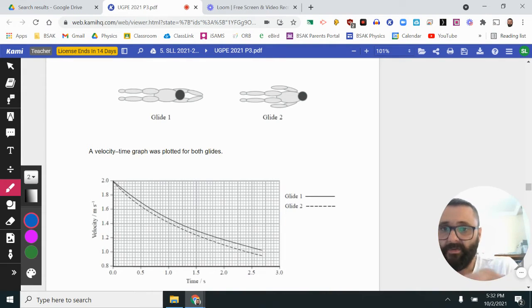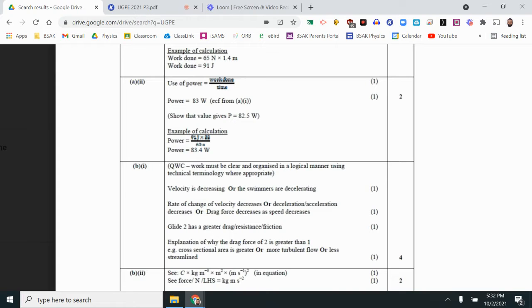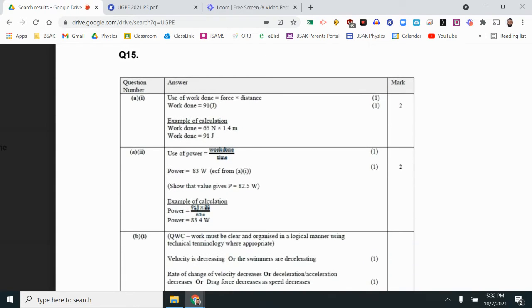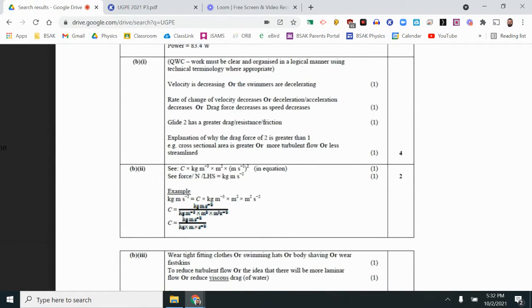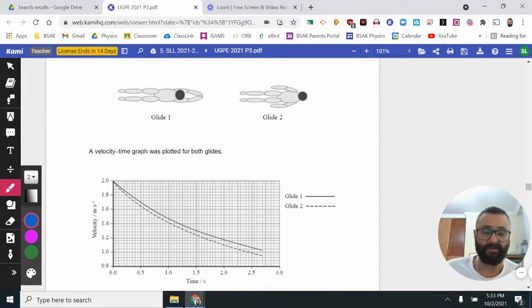Okay, now if you have a look at the mark scheme, so there's the stuff there. A lot of you missed out, or didn't get, the one about the gradient decreasing. Yeah, the velocity is decreasing, or the swimmers are decelerating, but not a lot of people got the gradient one here.